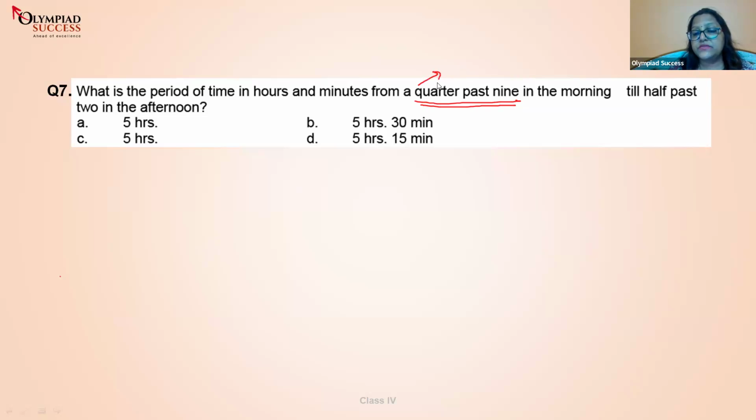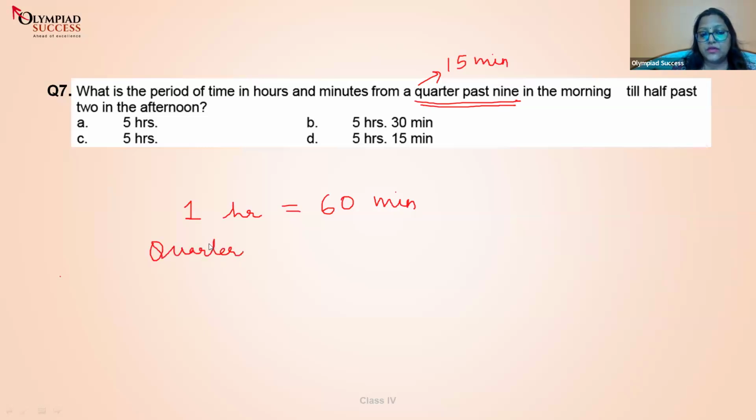Quarter always means 15 minutes, beta. Quarter of an hour. In 1 hour, we have how many minutes? 60 minutes, correct? So, quarter always means you have to just divide a clock over here into 4 equal parts.